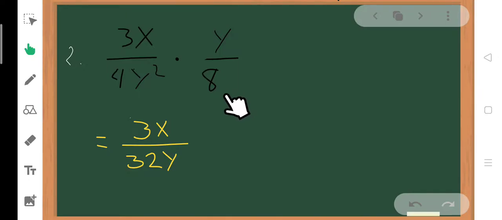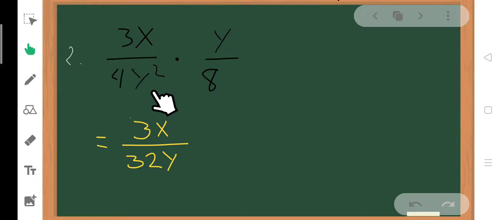So before we multiply numerator by numerator and denominator by denominator, we can also cancel out first the common factor in the numerator and denominator of both fractions. As you could see, there is a variable y in the numerator of this rational expression, and in the denominator of this rational expression there is also a variable y.